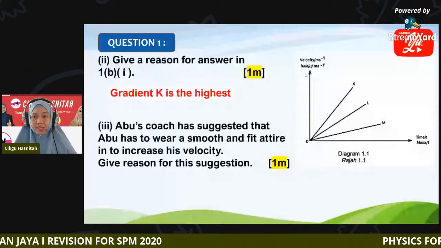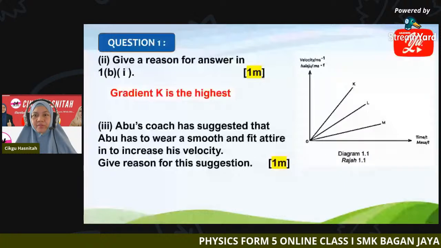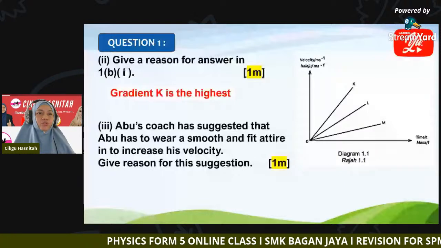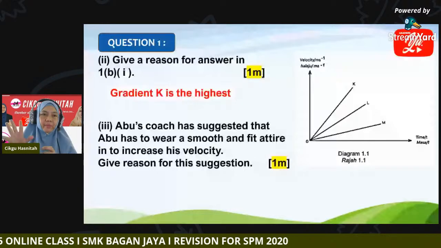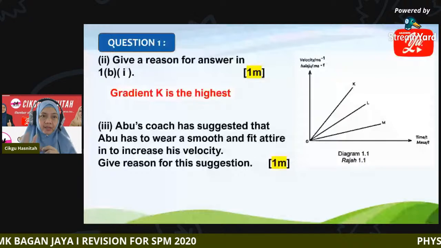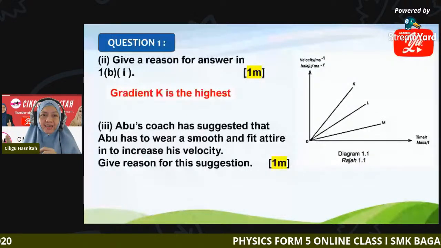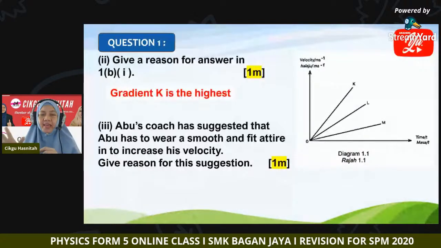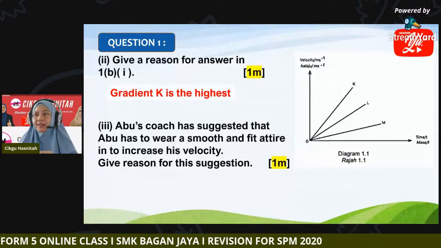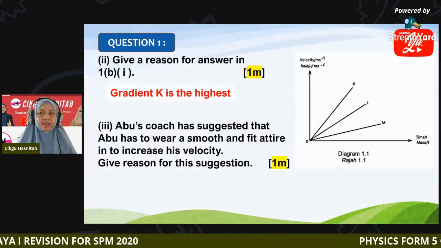That is not a good explanation. Yes, Vinci. The gradient, which represents the acceleration, of K is the steepest. You have to look at the gradient because the gradient represents the acceleration. So the graph that shows the highest or steepest gradient shows the highest acceleration. So the reason is the gradient of K is the highest.